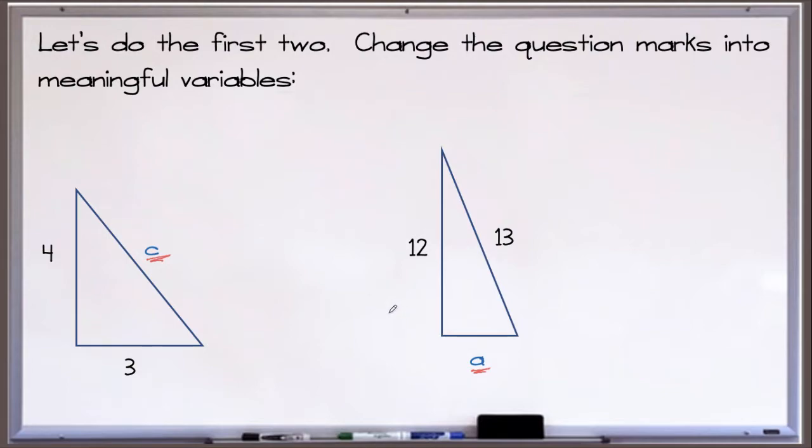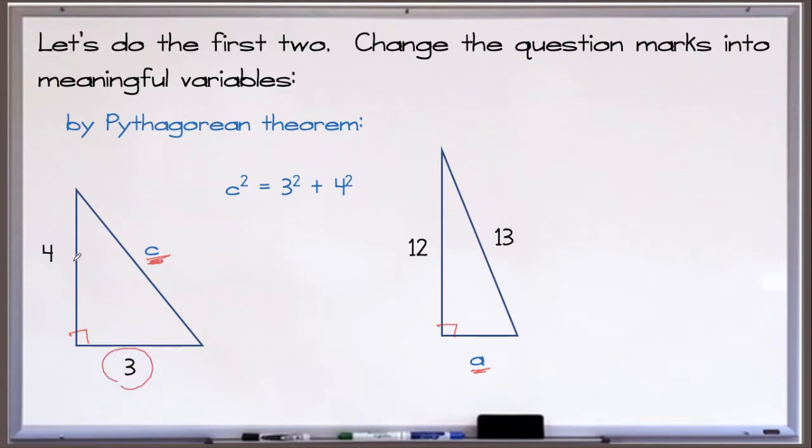Of course, nakita nyo, these are right triangles. So, pag right triangle, applicable si Pythagorean theorem. So, by Pythagorean theorem, we know that c squared is equal to the sum nitong dalawa na squared.